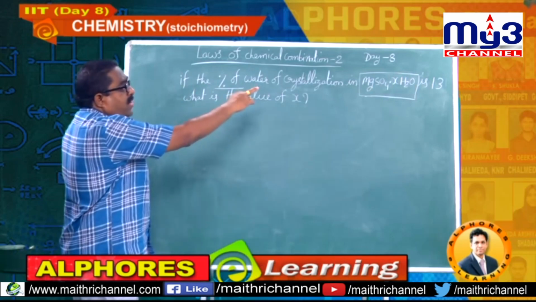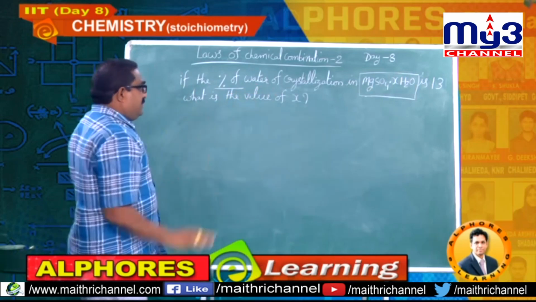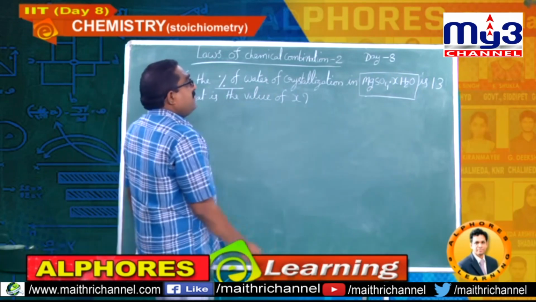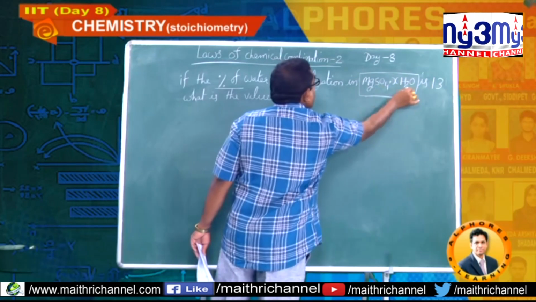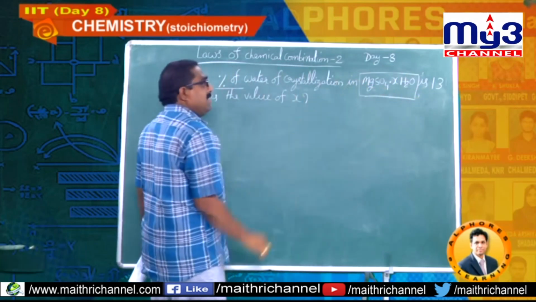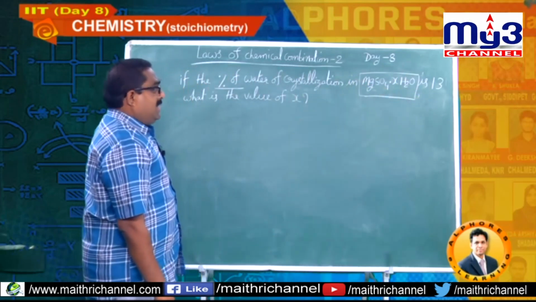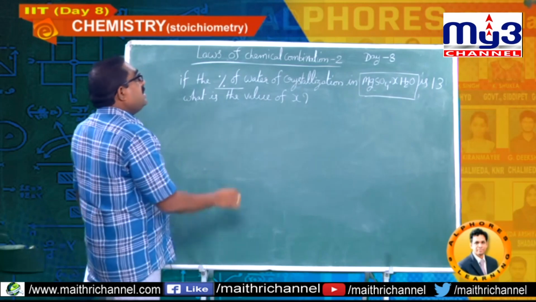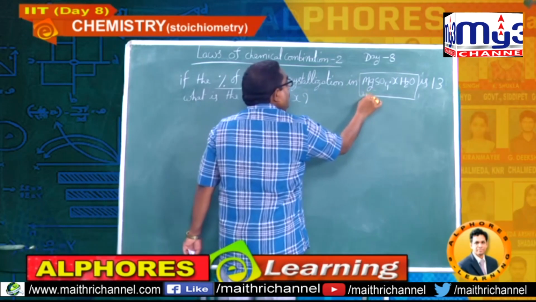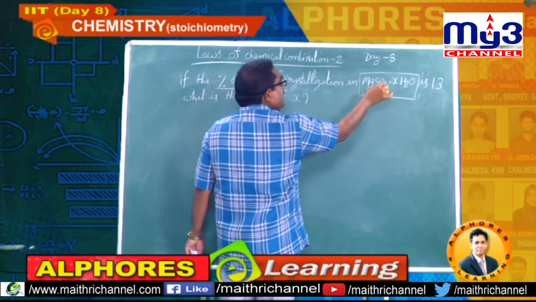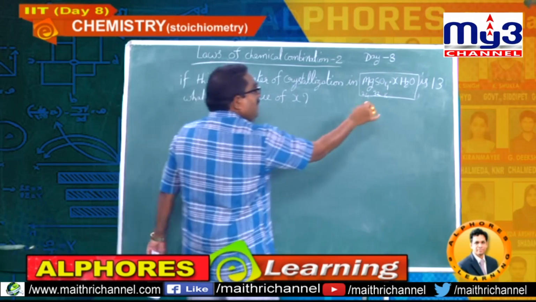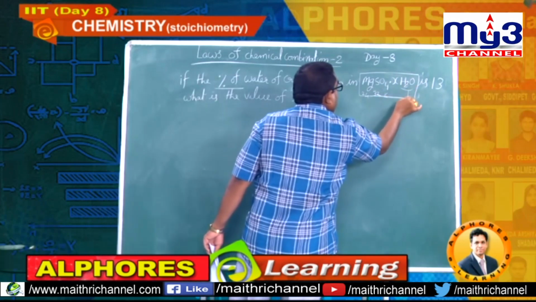You have to find out the value of X. Let me calculate. First of all, the molar mass of this hydrated salt, that is MgSO4 dot XH2O. We know magnesium 24, sulfur atomic mass 32, oxygen 16. For water, you can take it as 18 grams.